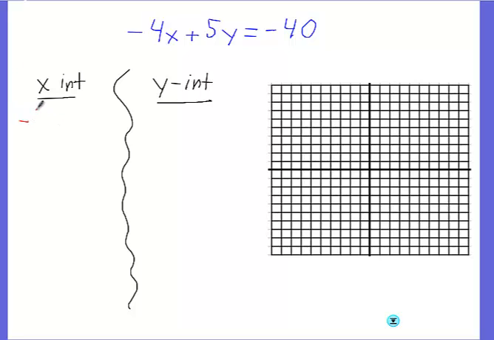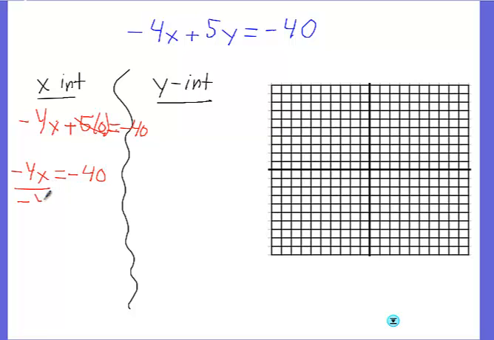We know that the x-intercept has a y value of 0. So it's going to be negative 4x plus 5 times 0 equals negative 40. Okay, that's going to cancel. You're going to get negative 4x equals negative 40.